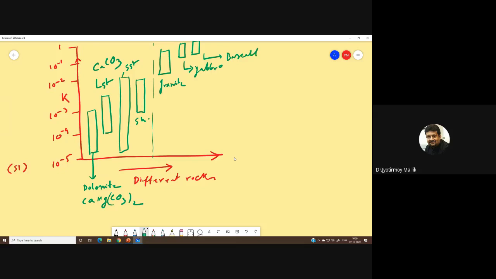So you can see the igneous rocks generally have a higher susceptibility value, considerably higher, simply because the igneous rocks generally contain ferromagnetic minerals.